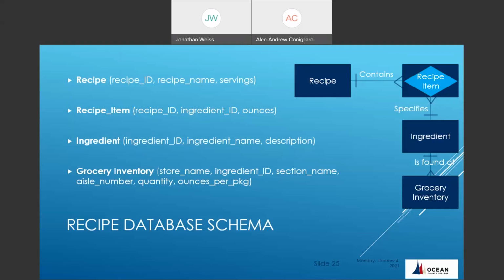Let's label these arrows. All right. Call this one is contained by. We'll call this one is found at, and we'll call this one specifies.